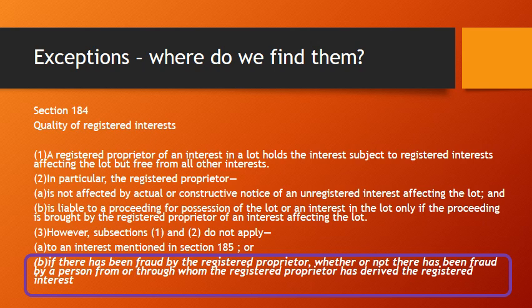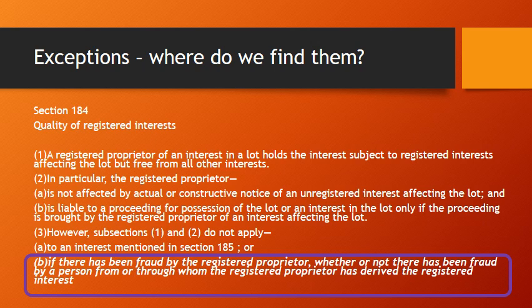The second deals with notice and says, even if you get notice, your interest is still good. In other words, it is protecting those people who obtain an interest, even though they might have heard through the grapevine of an unregistered interest of another person.